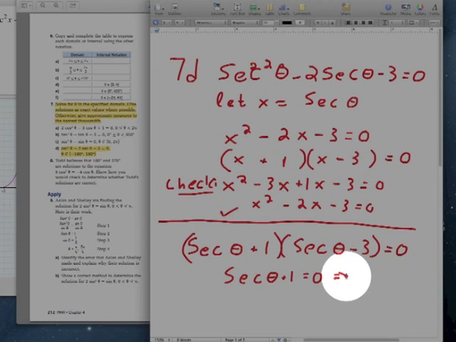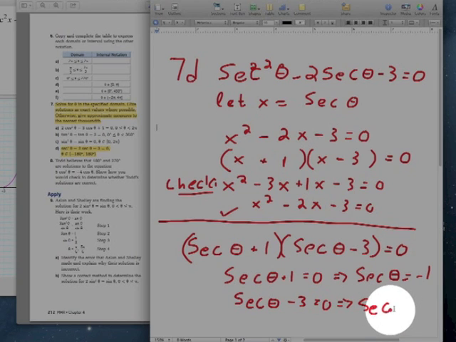Well, that's pretty simple. That's just secant theta equals negative 1. And the other one, secant theta minus 3 equal to 0, becomes secant theta equals 3.